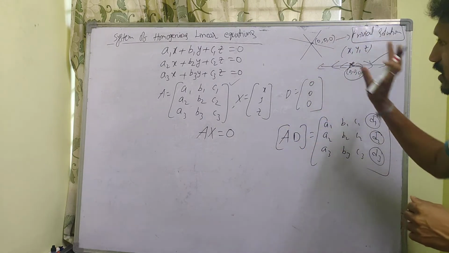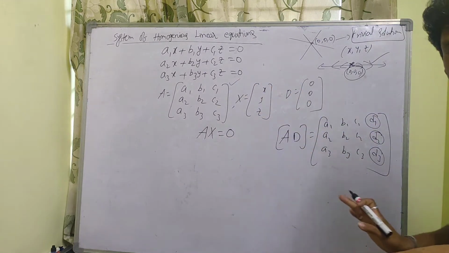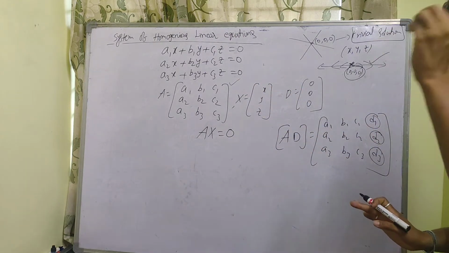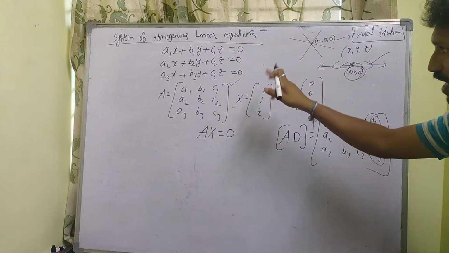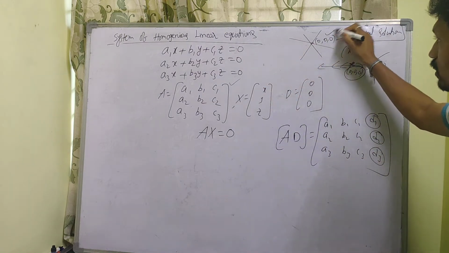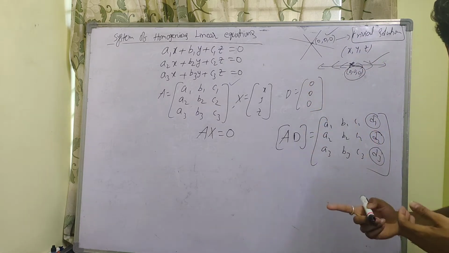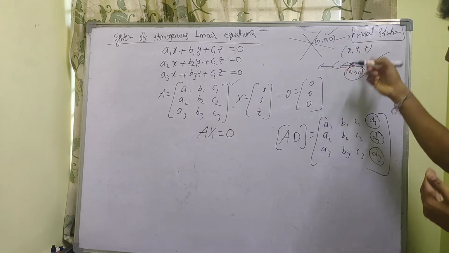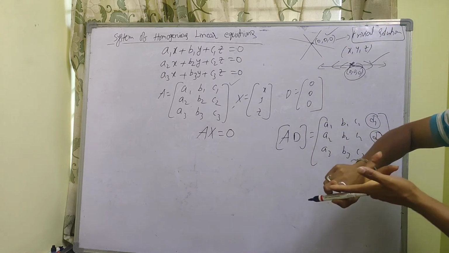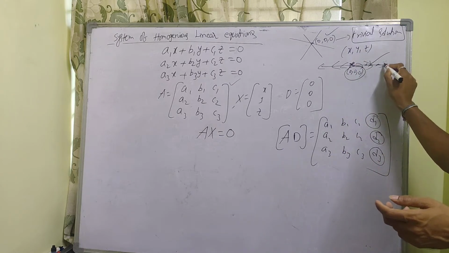Homogeneous equations always have a solution, and that always-solution is called the trivial solution. If they have a unique solution, that is the trivial solution. Otherwise they have infinitely many solutions: except this trivial solution, we have the remaining solutions also. All these are solutions only.